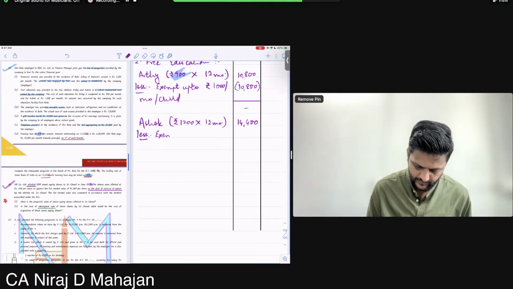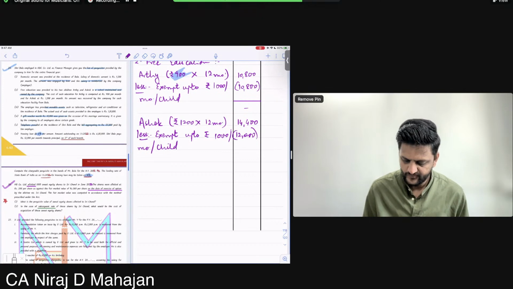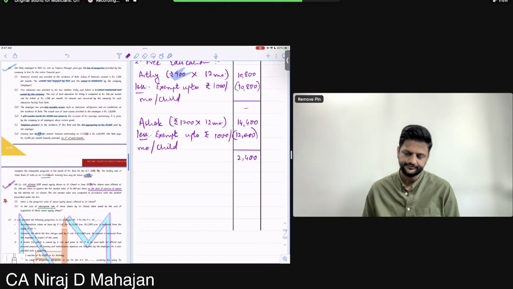So exempt up to rupees 1,000 per month per child, so 12,000 will be exempt. Taxable is 2,400. Yes, everybody.